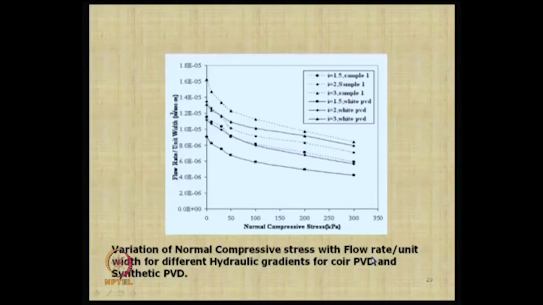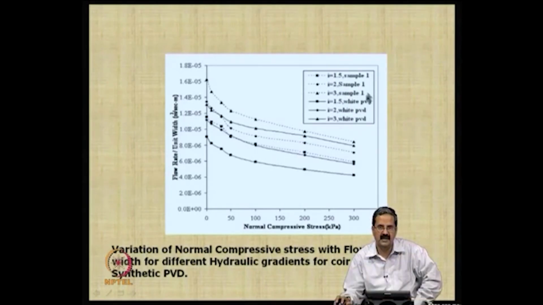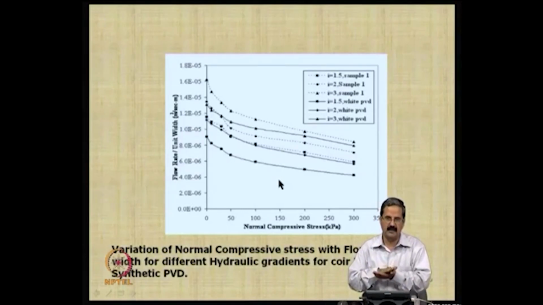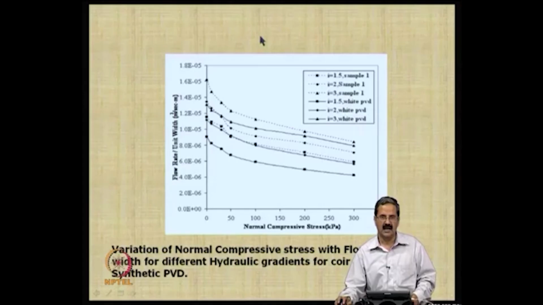Everything is given. I was trying to compare their flow properties with the conventional PVDs that I showed you yesterday, like the white one. You can see the flow rate per unit width that we measure. These are all somewhat compressible materials: if you apply some load, compression occurs, and the higher the compression, the lower the flow.